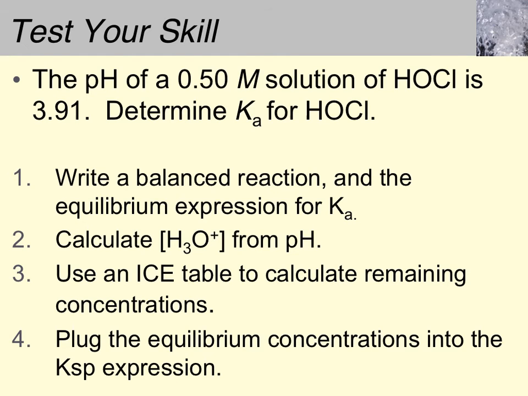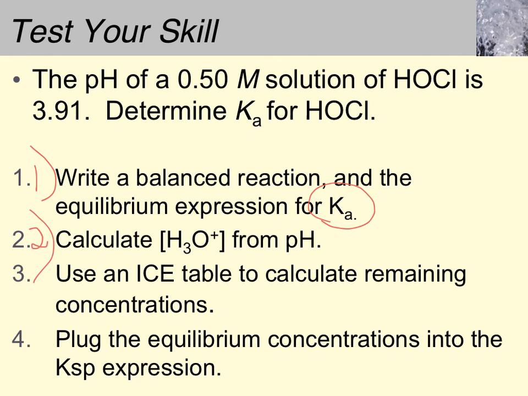But just as a summary, you always want to start by writing a balanced reaction, showing what the weak acid or base does in water, and then you want to write the equilibrium expression for Ka or Kb.